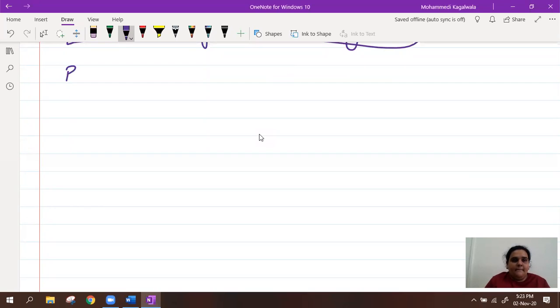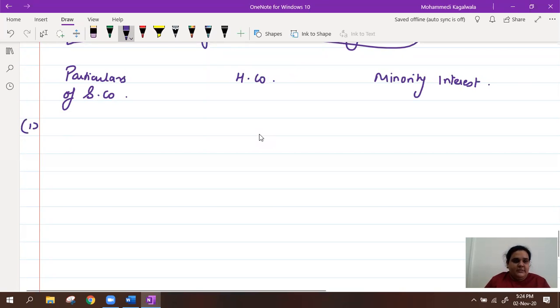Particulars of subsidiary company. Okay, holding company and minority interest. Okay, table. In particulars of subsidiary company, I'm starting with profit and loss account.